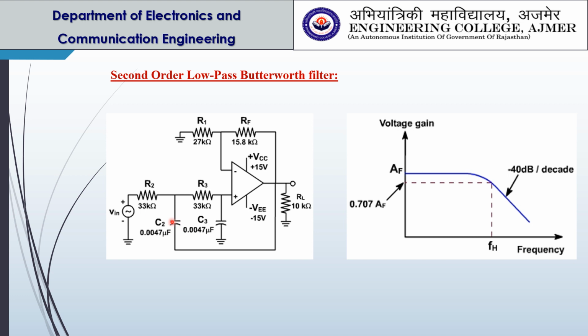You can see that up to this point, this is equal to the first order low pass filter. If we connect an additional RC circuit along with this previous RC circuit, then this will become a second order Butterworth filter.